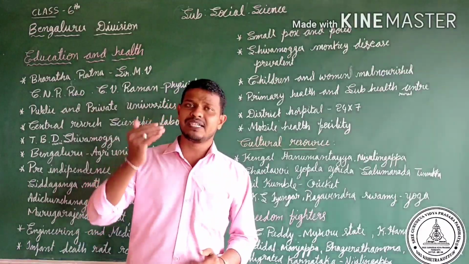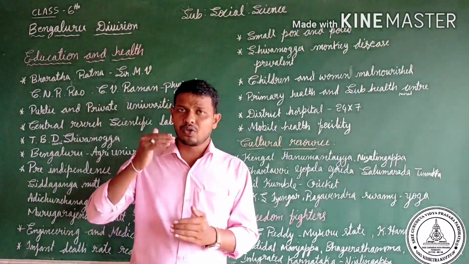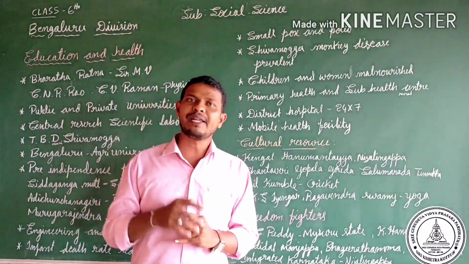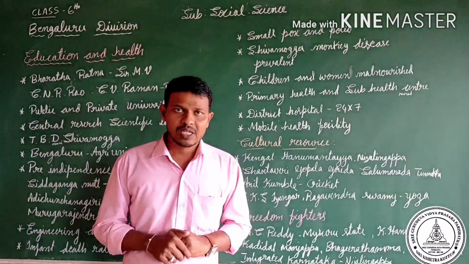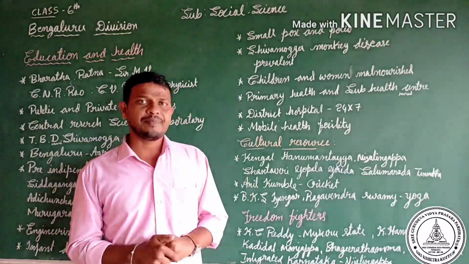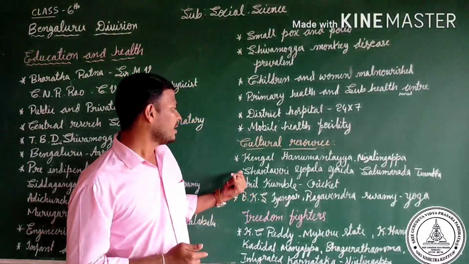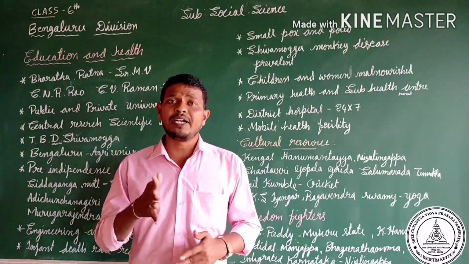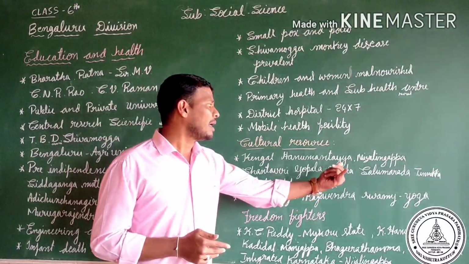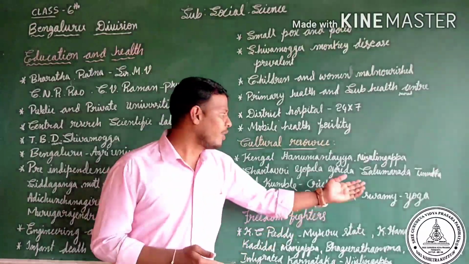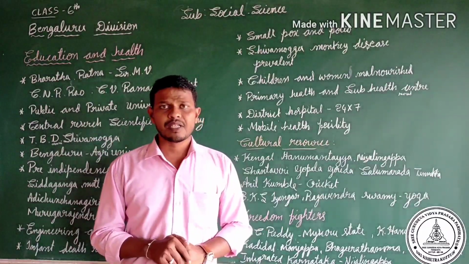Whenever we visit Bengaluru, when we hear the word Bengaluru, we remember that place, Vidhana Sauda. This Vidhana Sauda was built by Kengal Hanumantaya, and Nijalingappa, Shantaveri Gopala Gouda and Salumarada Thimmakka are also important. These are politicians and important persons, and some environmental people like Salumarada Thimmakka.